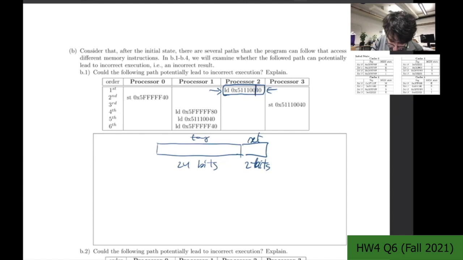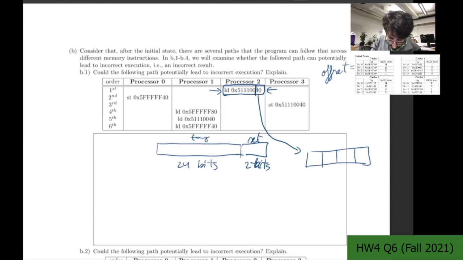So this address here is a 4. And also we assume at the beginning that the offset is always 0, right?